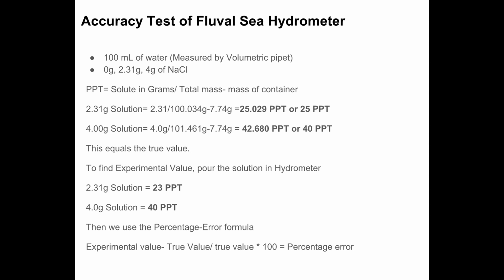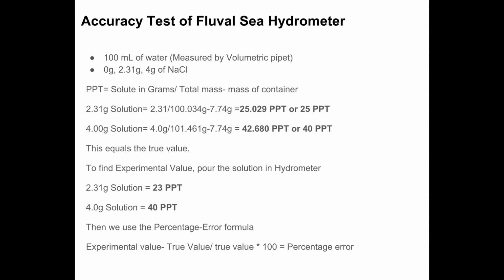So in the 2.31 gram solution, we had 2.31 grams of solute, which is sodium chloride, and the big number there, 100.034 grams, is the flask with the salt solution in it, minus the mass of the container. And from there, we got 25.029, or if we round it to the significant numbers, 25.0, or just 25 parts per thousand.